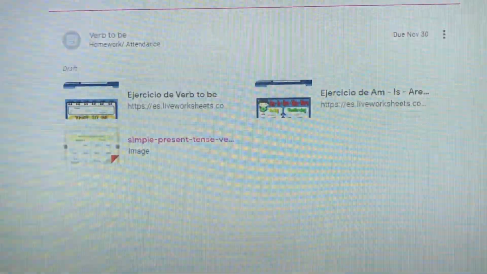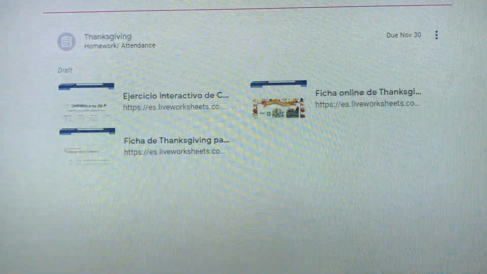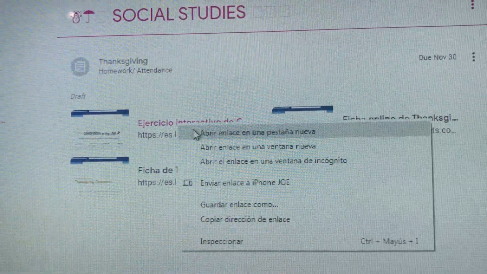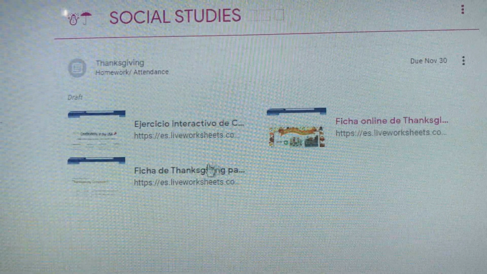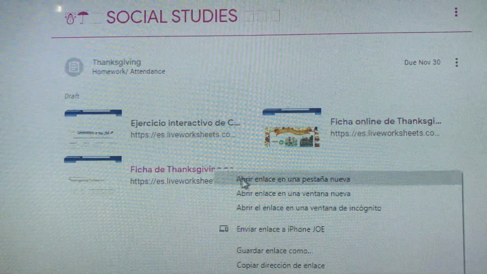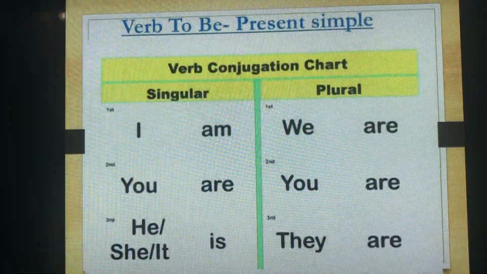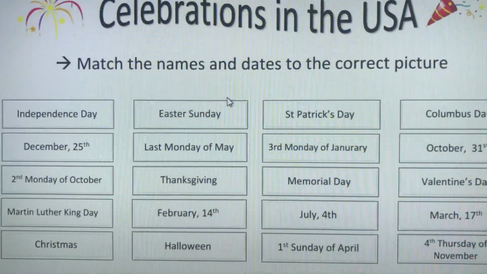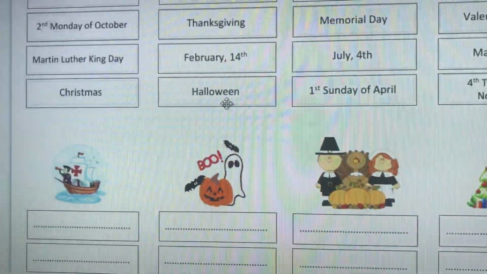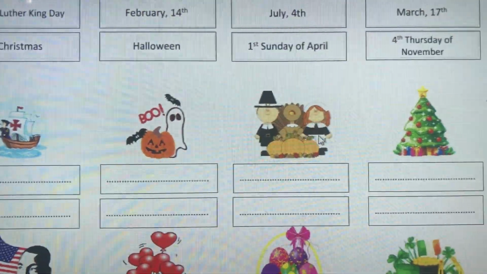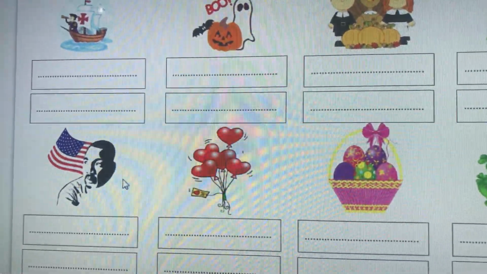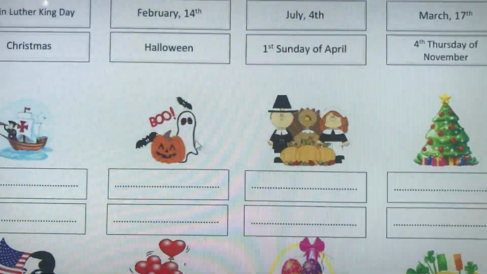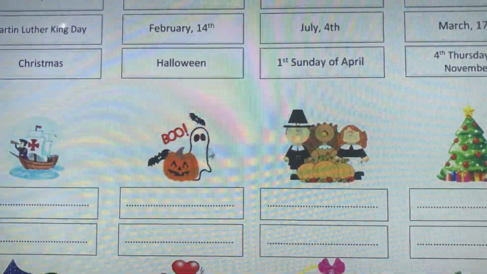Don't worry about it. Now, if we move to the other exercise, social studies, we're gonna talk about Thanksgiving. So we got different exercises over here which involve Thanksgiving. This one is gonna be about the celebrations of the United States. In here, you gotta see these pictures. Each picture shows a celebration. So if I say, let me see this one, it's very simple. I think this one is Halloween.